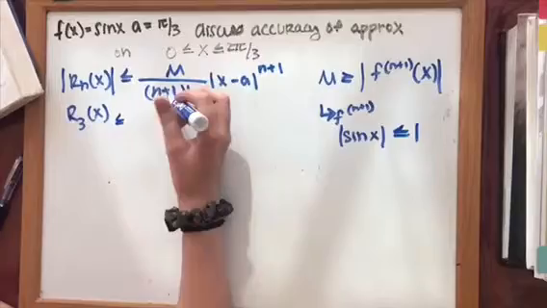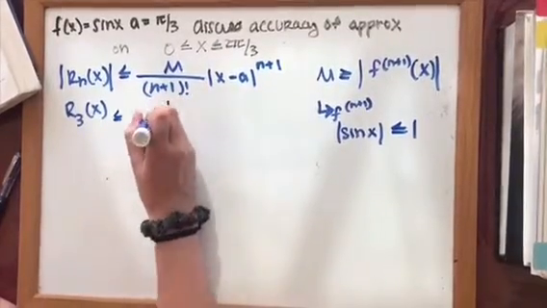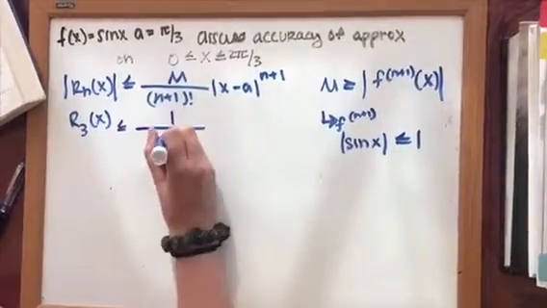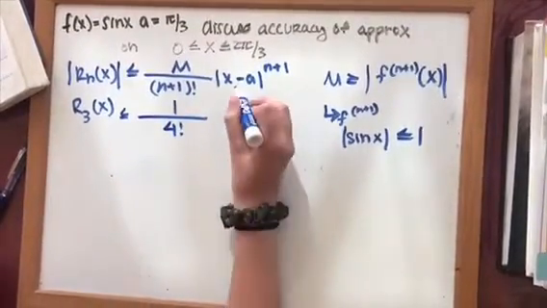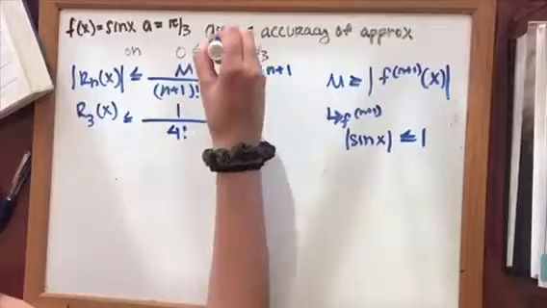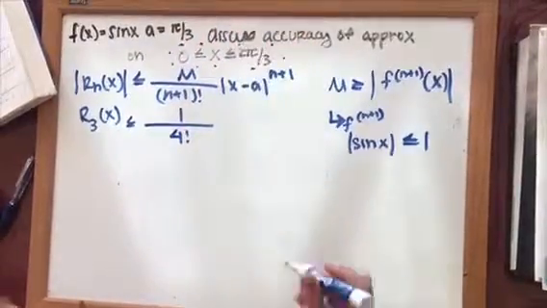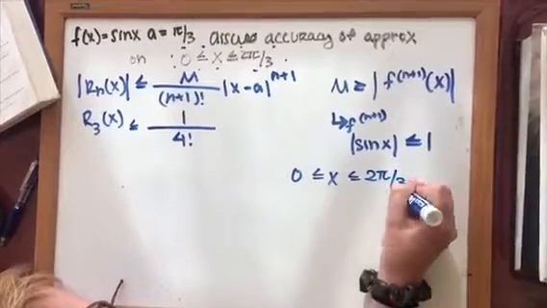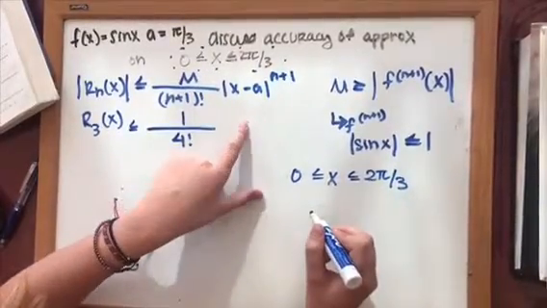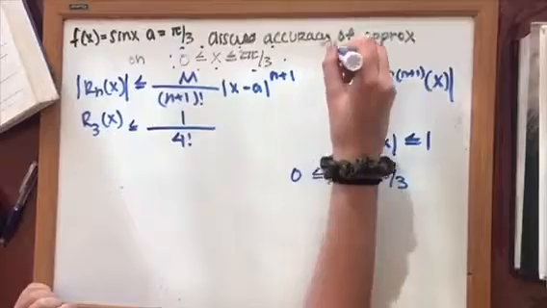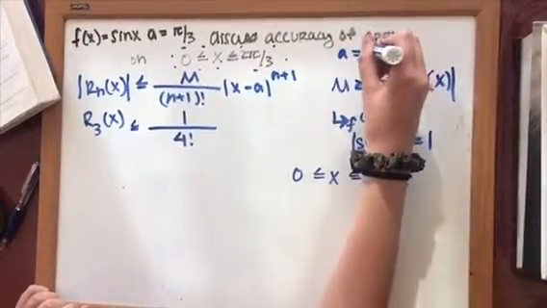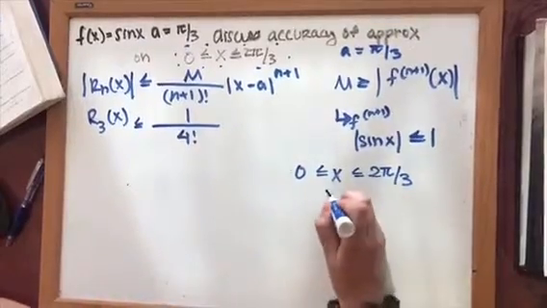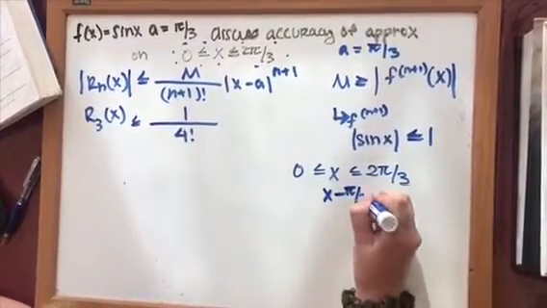So if we put that into the inequality, we have 1 over n plus 1, which is 4, so 4 factorial. Then to find this x minus a, we're going to use our interval. I'll just rewrite that over here. Since we're finding it centered at a, and I'll remind you that a equals pi over 3, let's subtract pi over 3 from both sides.